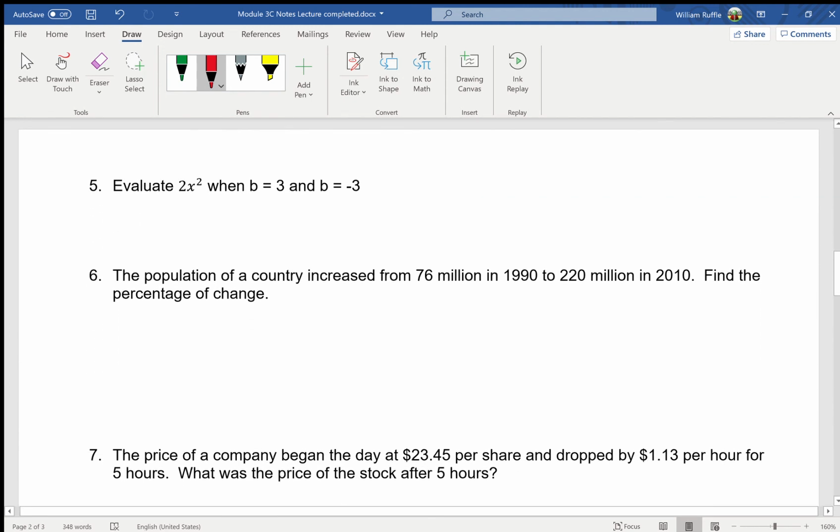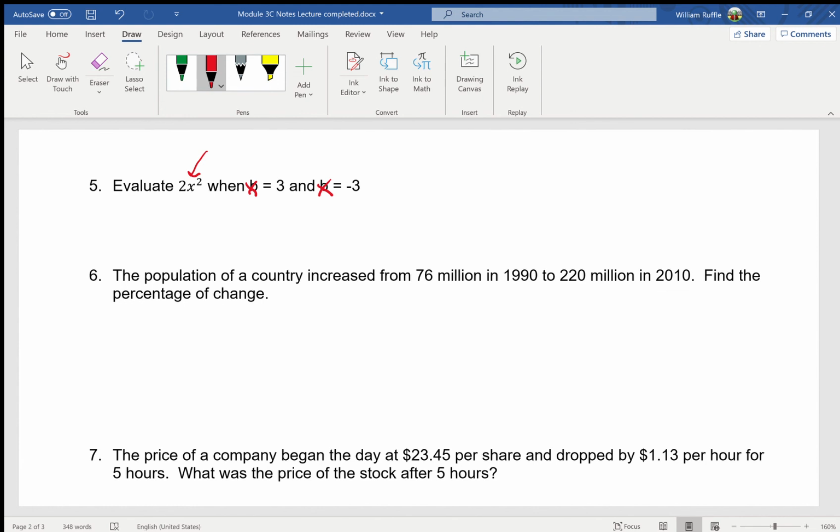All right, these next questions, we're just going to be evaluating. So all I'm going to do is put in the values. Now, I see an error. This should be x's here, not b's, because the equation is 2x squared. Sorry for that poor note there.